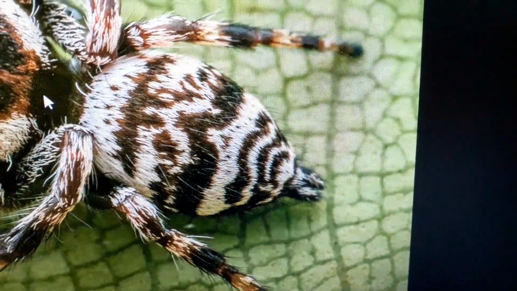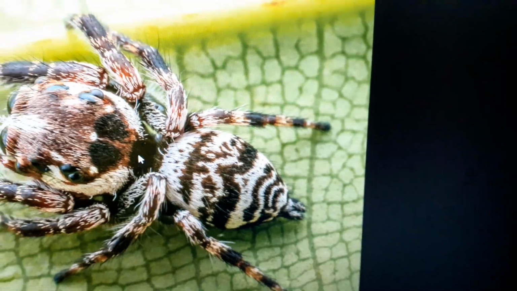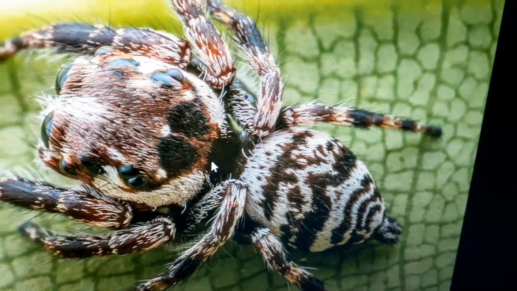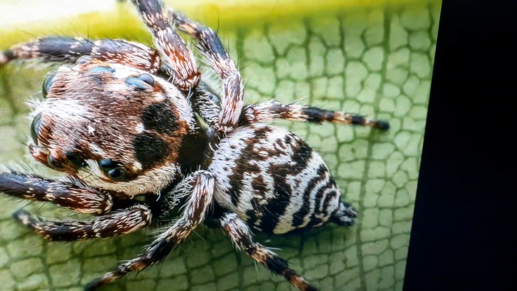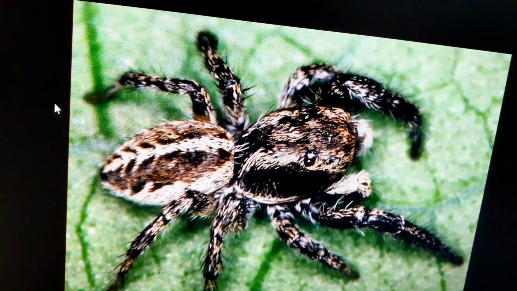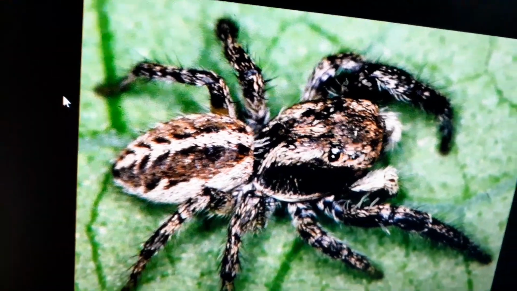Waves crashing, eyes and back of head and all these kind of things. It's more of that pattern.